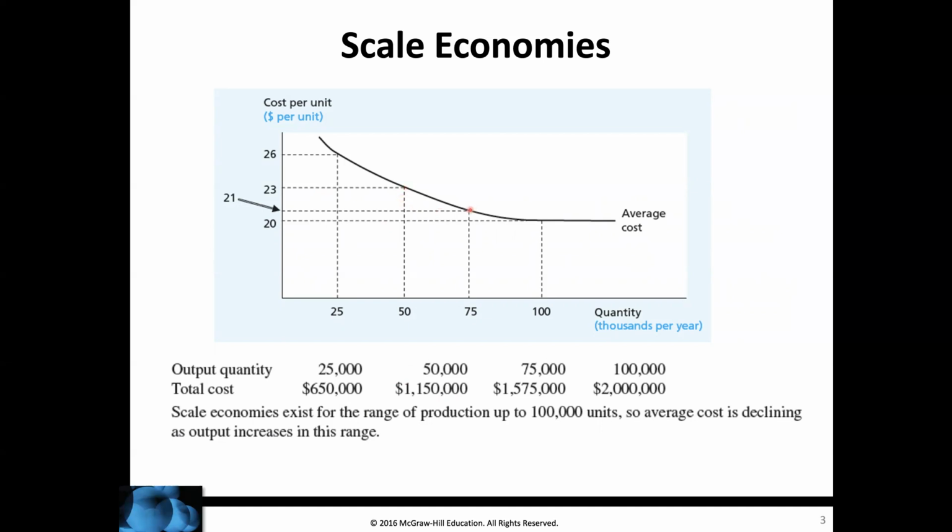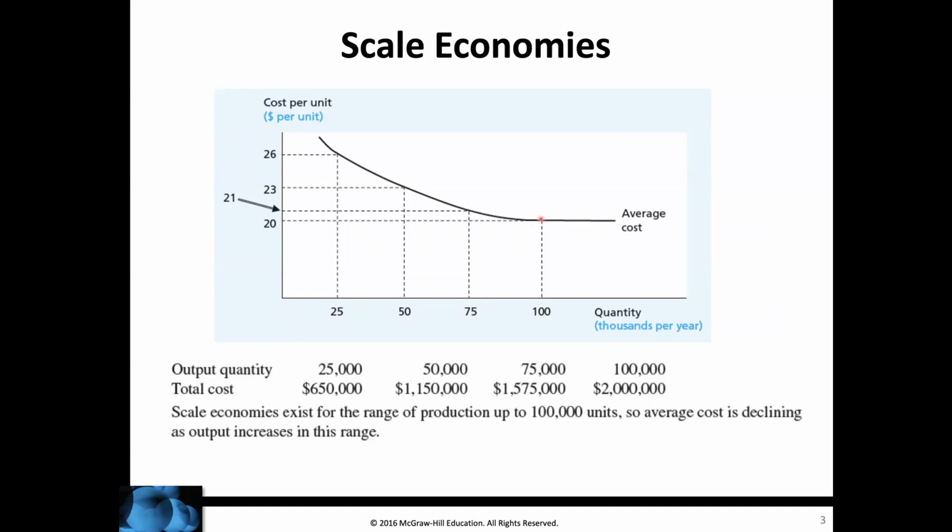We get to 75,000, and our average cost per unit is $21. And then we get to 100,000, at which our average cost is $20 per unit. So scale economies exist for the range of production up to 100,000 in this example. You can see the cost per unit comes down, comes down, comes down.